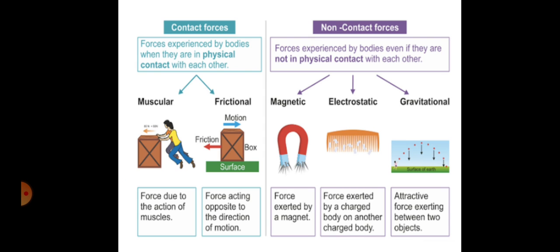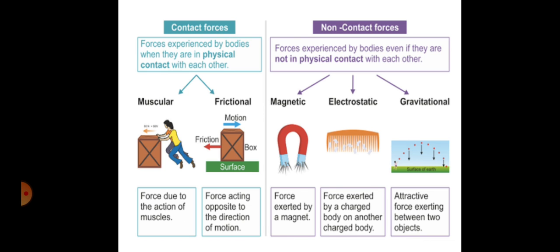Now, here there are few examples. You see, muscular force, two boys trying to push a heavy box with the force of their muscles. So, they are contact forces. Again, the box is in contact with the surface and thus the negative force of friction acts on it.